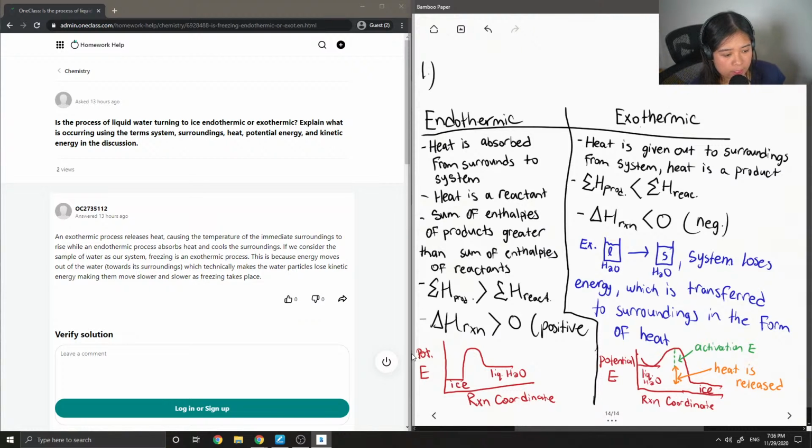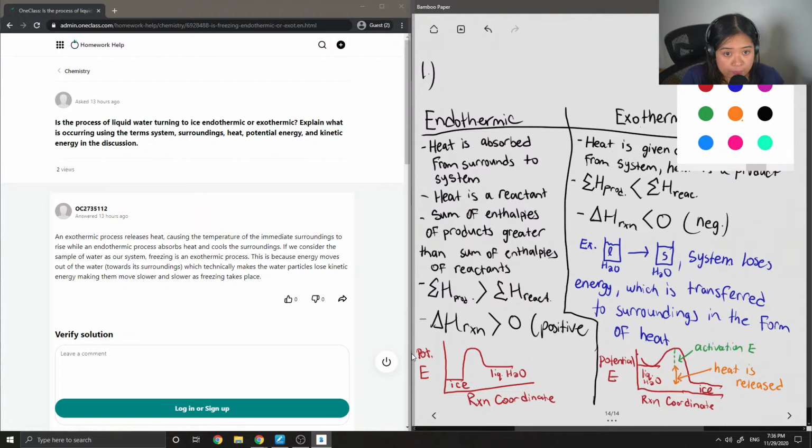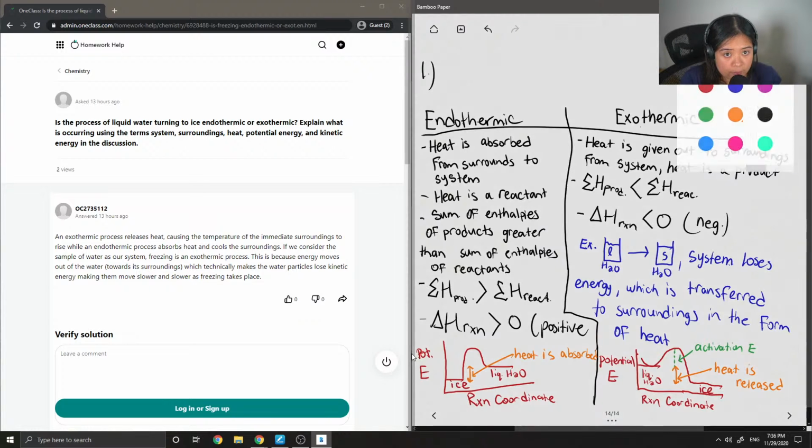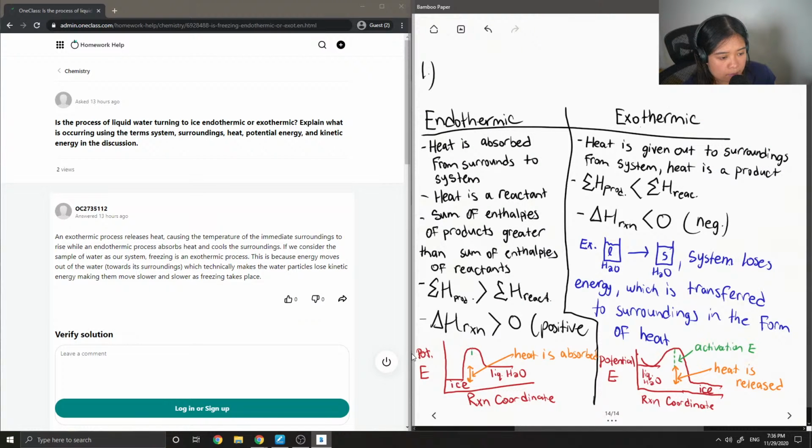So you'll notice that our reactant this time is at a lower energy than our product, which is water. So I can label this as heat being absorbed. Again, this is just activation energy.